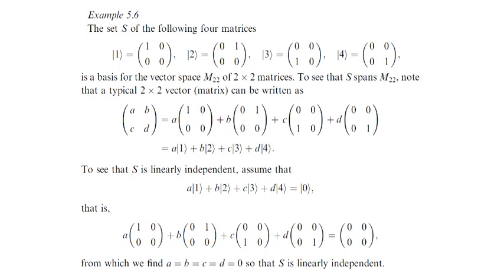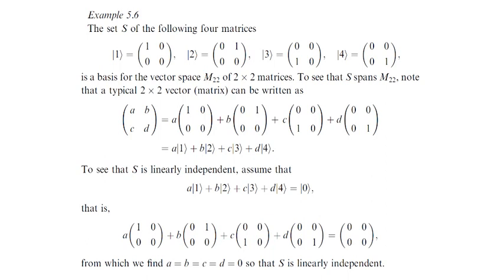The third matrix is like this, and the fourth matrix is like this. These are the basis vectors for the vector space M22, which comprises all 2 by 2 matrices. In terms of these matrices, you can express all the 2 by 2 matrices in the vector space M22.